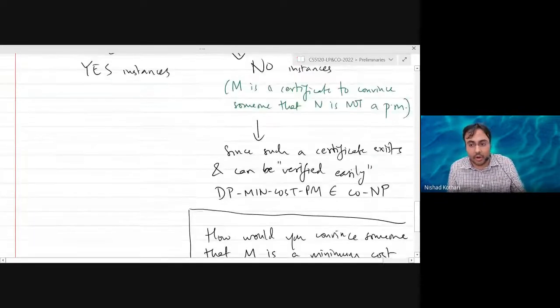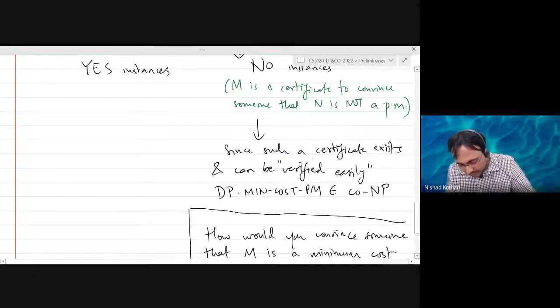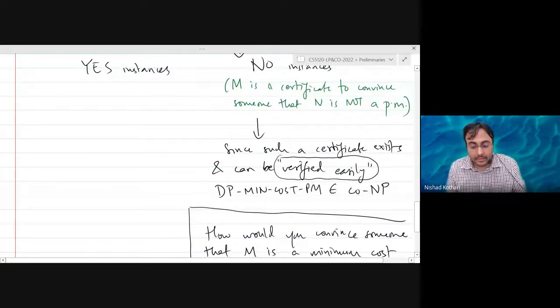This is not a certificate. Supposing I were just to list down all the perfect matchings in the graph and give it to my friend. Now my friend will compute the costs, but the problem is this is not a small certificate. This is all the perfect matchings of the graph, right? And that could be a very large number compared to the size of the graph. So that cannot be verified easily, unlike the previous case, right?